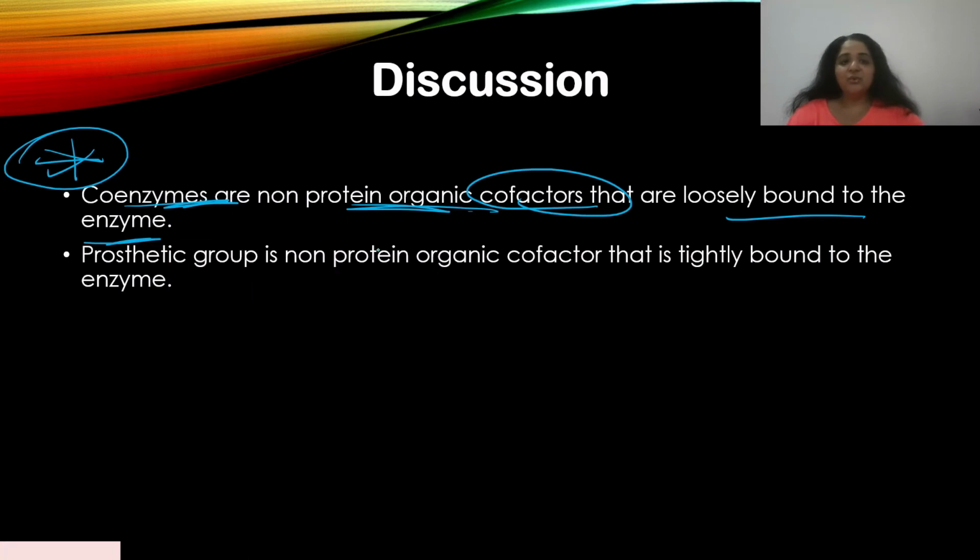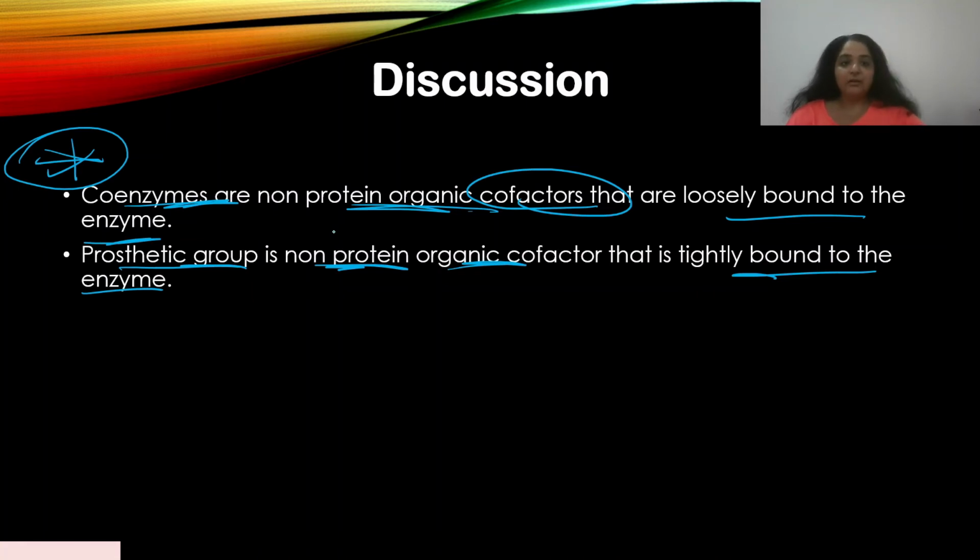So coenzymes are non-protein organic factors that are loosely bound to the enzyme. Prosthetic group is a non-protein organic cofactor that is tightly bound to the enzyme. So an enzyme has a protein part and a non-protein part, right? There can be organic cofactors, and there can be inorganic factors, which are called activators, the metal ions, which also play an important role.